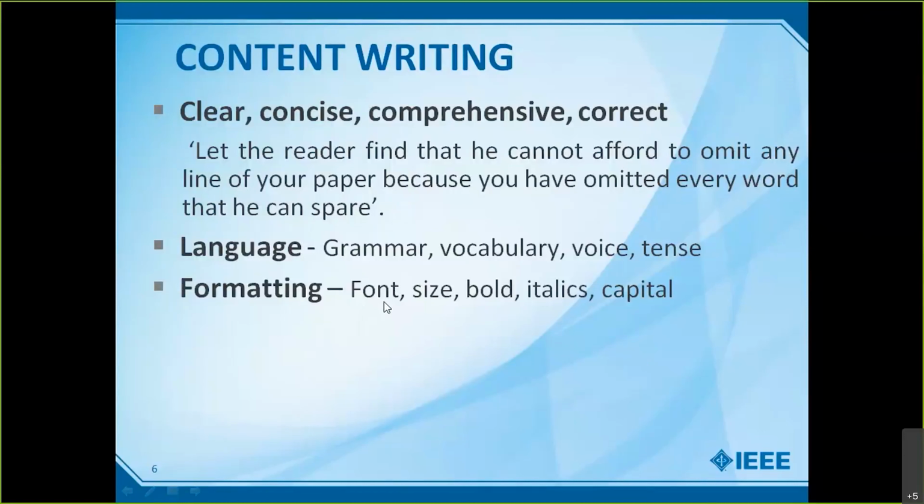We have to follow that. The font type and font size, whether it is bold, whether it is italics, whether it is capital letters, all those things cannot be decided by us, but the journal will decide. We have to follow them.